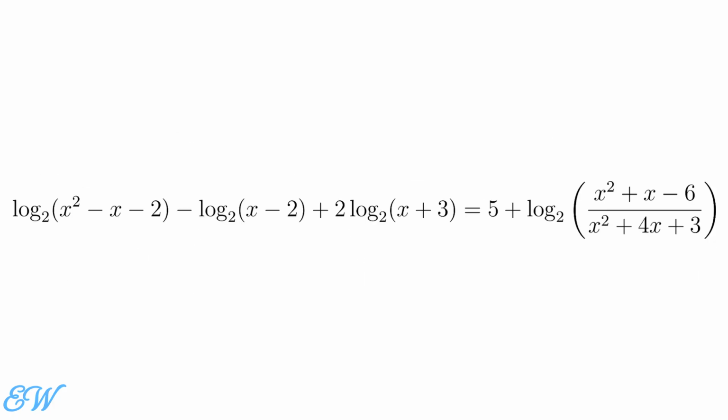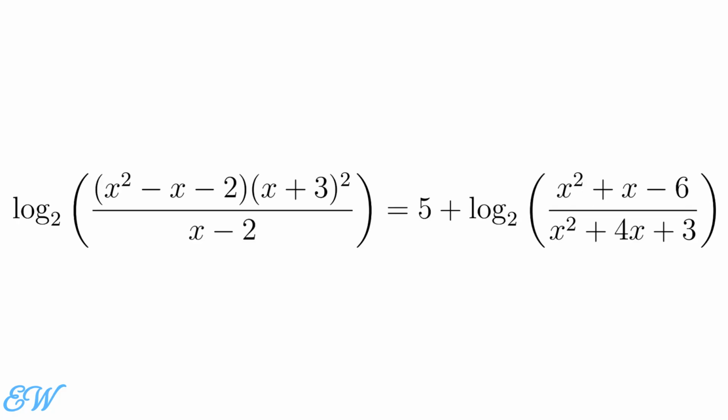Now we can plug those values back into our original equation, and we get log base 2 of x squared minus x minus 2, minus log base 2 of x minus 2, plus 2 log base 2 of x plus 3, is equal to 5 plus log base 2 of x squared plus x minus 6 over x squared plus 4x plus 3.